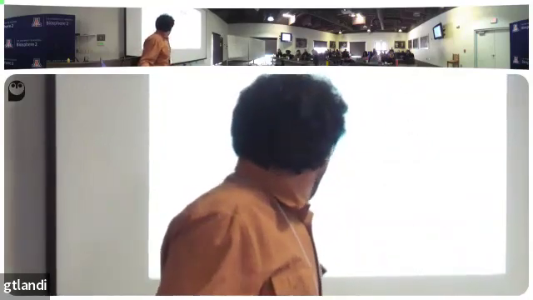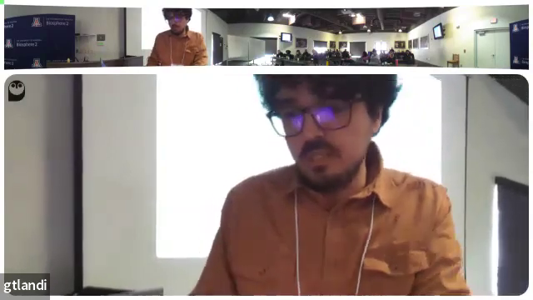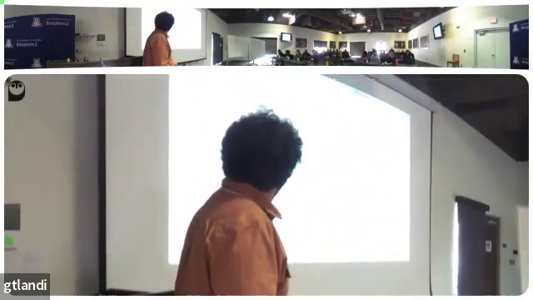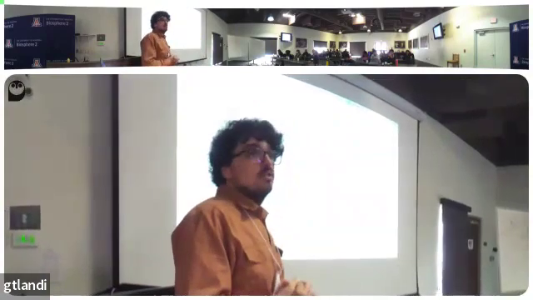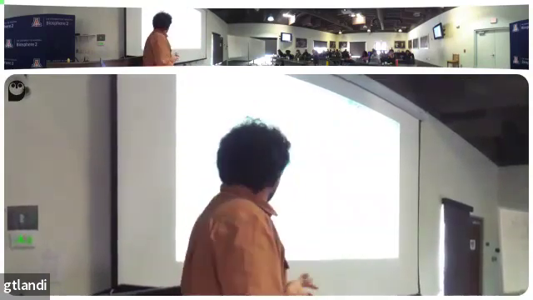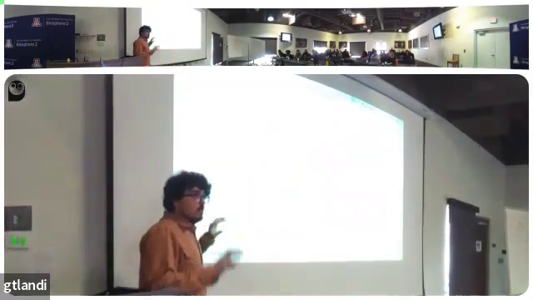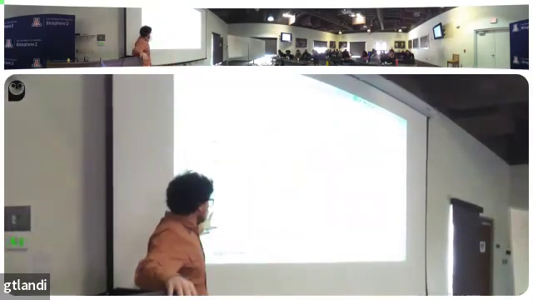Let's see how this behaves at the level of the power spectrum and the 2-point function. I'm recomputing this, but I think the plot is still perfectly valid. There are a couple of things that I wanted to point out. If you look at the 2-point function, you have a very clear separation of time scales.